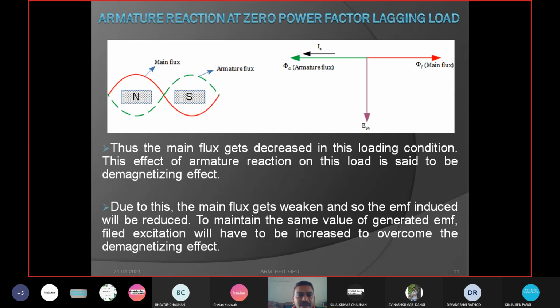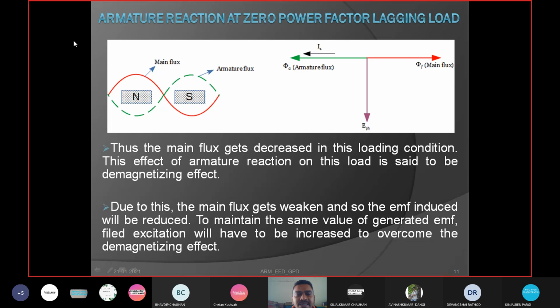That means the armature flux is in direct opposition to the main field flux. So the magnitude of main field flux is reduced, and as it is reduced, the induced EMF will also be reduced. This effect is known as the demagnetizing effect.